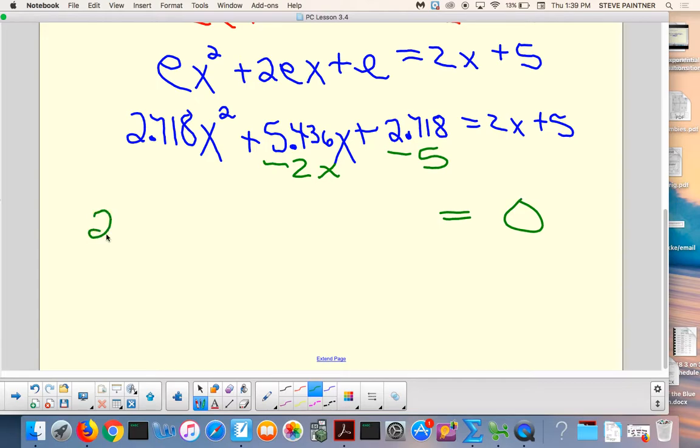Okay, so I have this, 2.718x squared plus, what's that? Oh, that's easy. 3.436x minus 2.282.